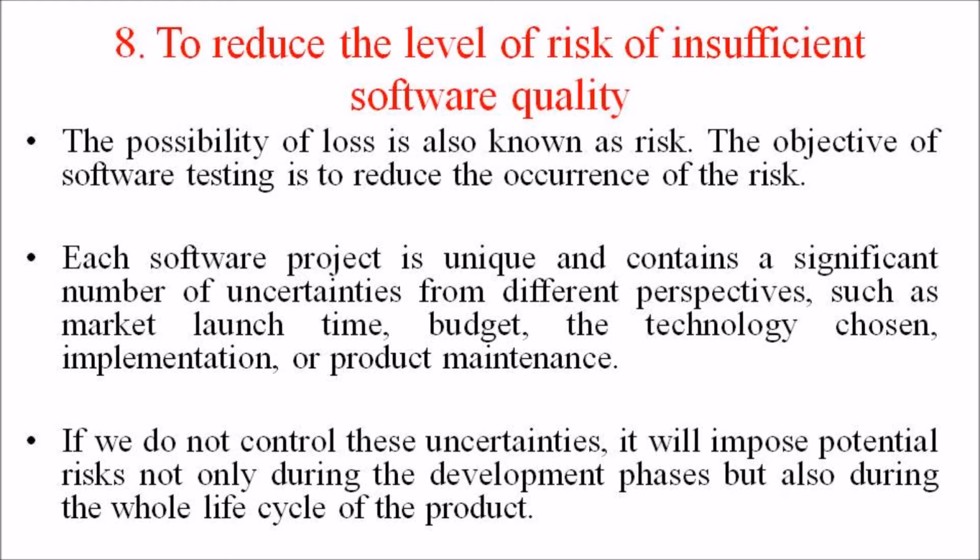If we do not control these uncertainties, it will impose potential risk not only during the development phase but also during the whole life cycle of the product. So the primary objective of software testing is to integrate the risk management process to identify any risk as soon as possible in the development process.